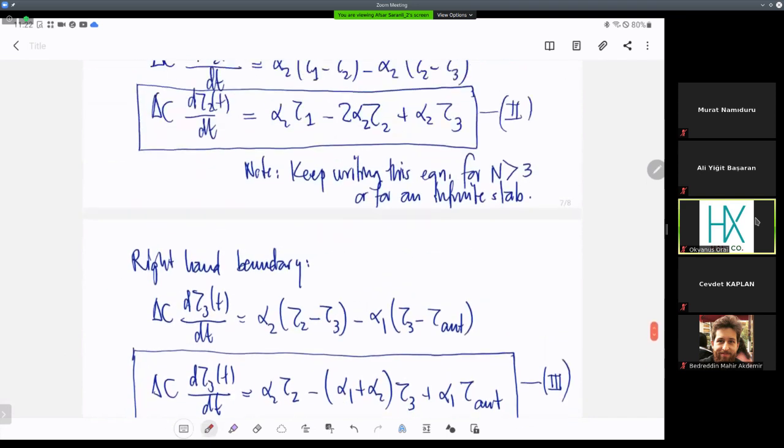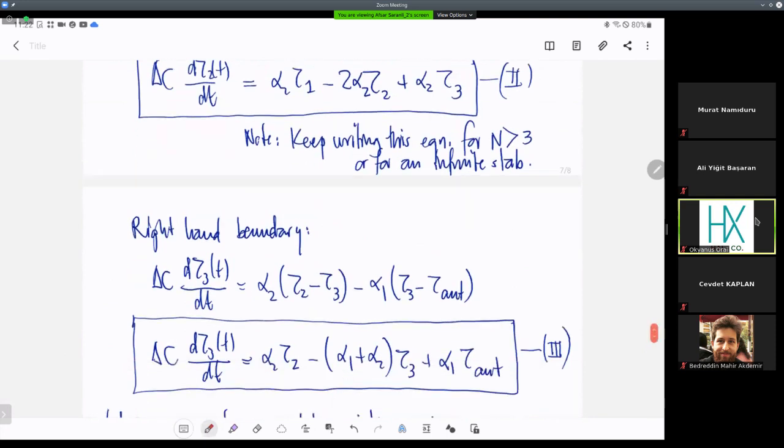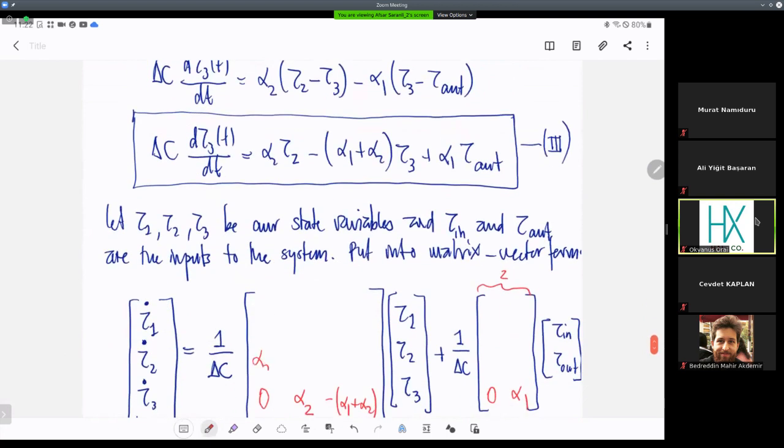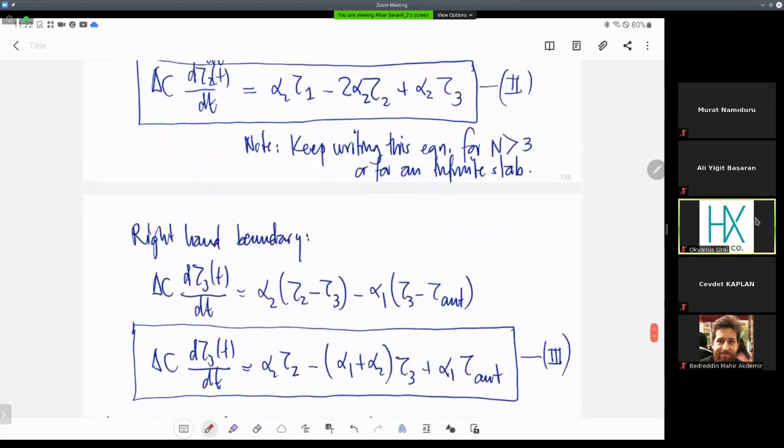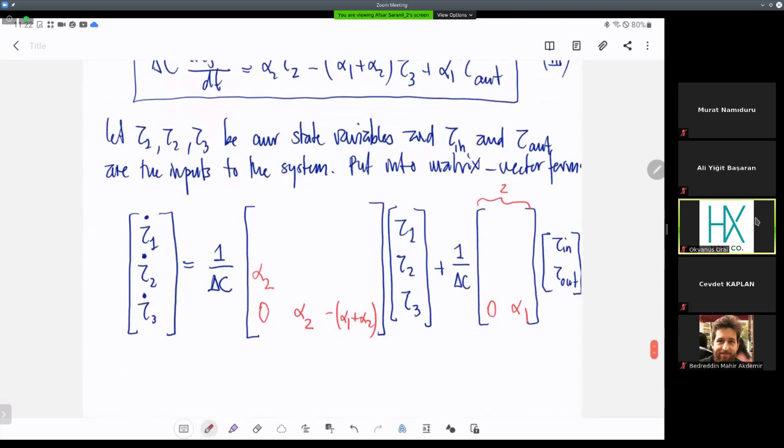So let's also take a look at the second equation. You see that we have alpha 2 times tau 1, so I'm going to have here alpha 2 times tau 1, and then minus 2 alpha 2 times tau 2 plus alpha 2 times tau 3, and no input terms, meaning 0 and 0 over here.